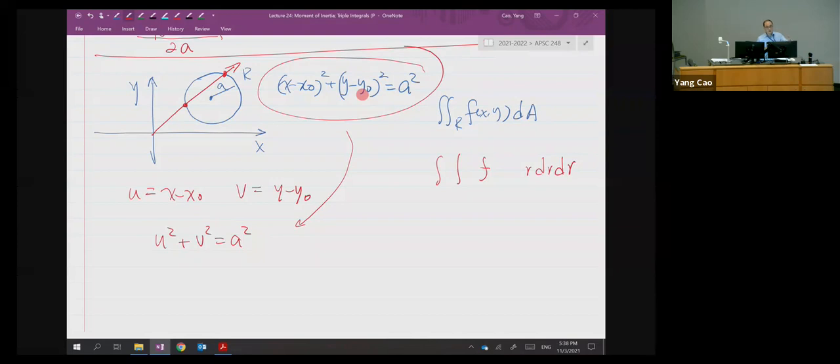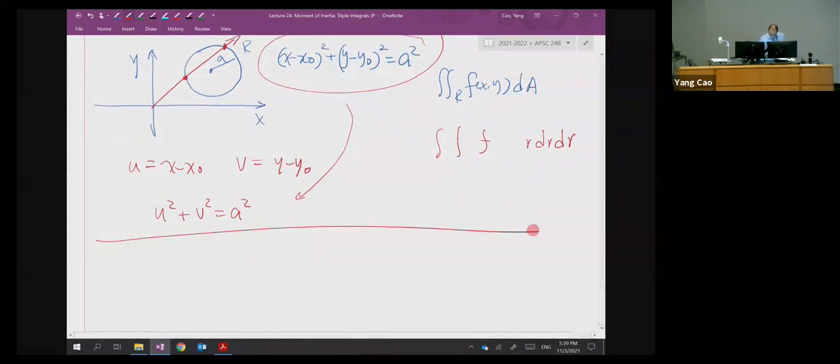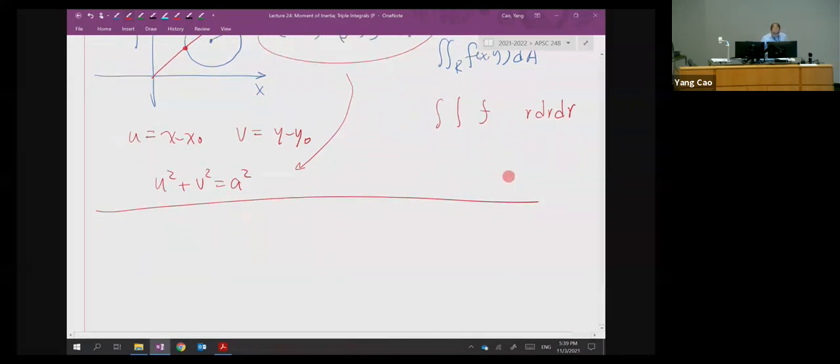So what should we do? Yeah, to make it simpler. There has got to be a way to make it simpler. All right, so that is pretty much everything about this applications of double integral.